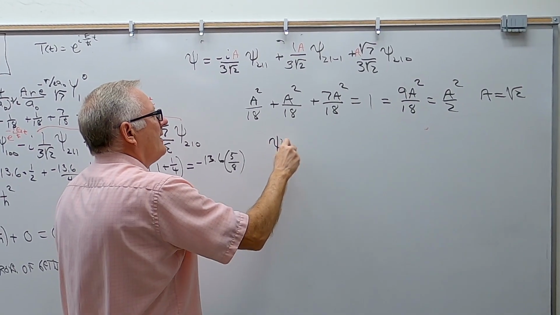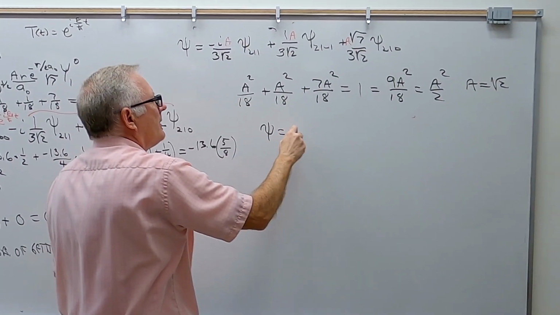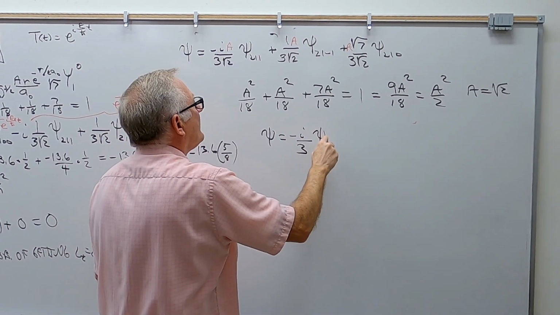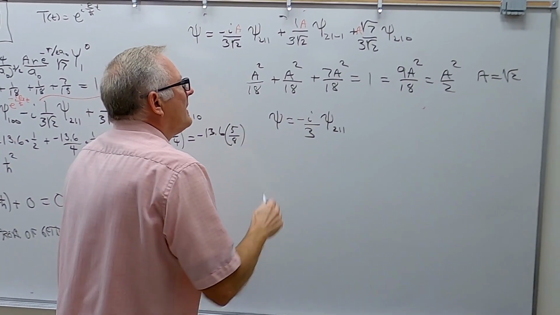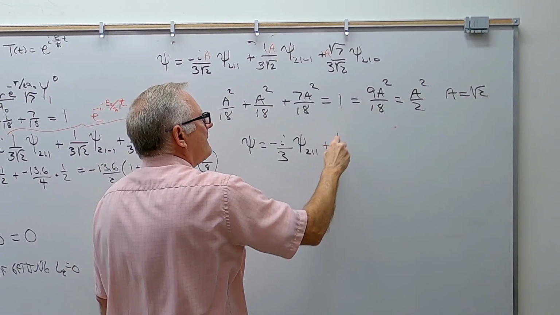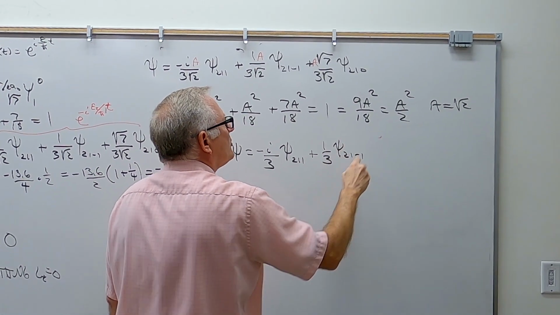So psi, if I put in the square root of 2, the square roots of 2 drop out, and we get minus i over 3 psi 211. If we put in the square root of 2 there, it cancels that. We just get plus 1/3 psi 21 minus 1.